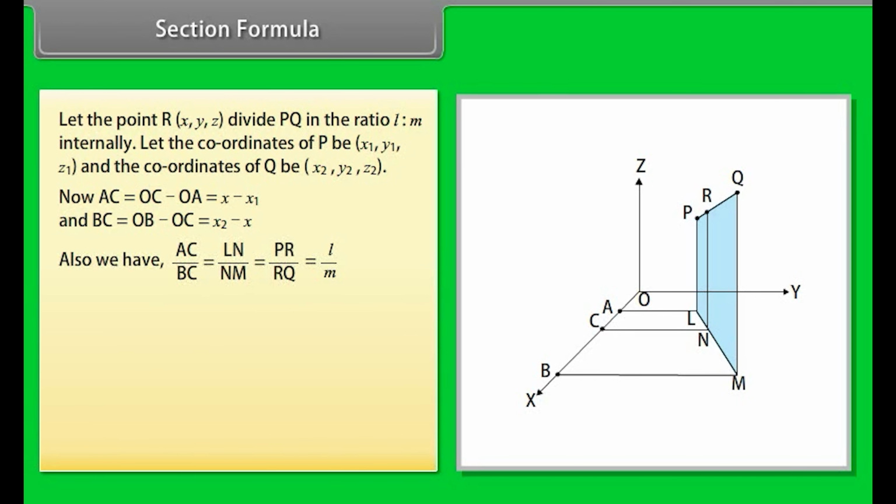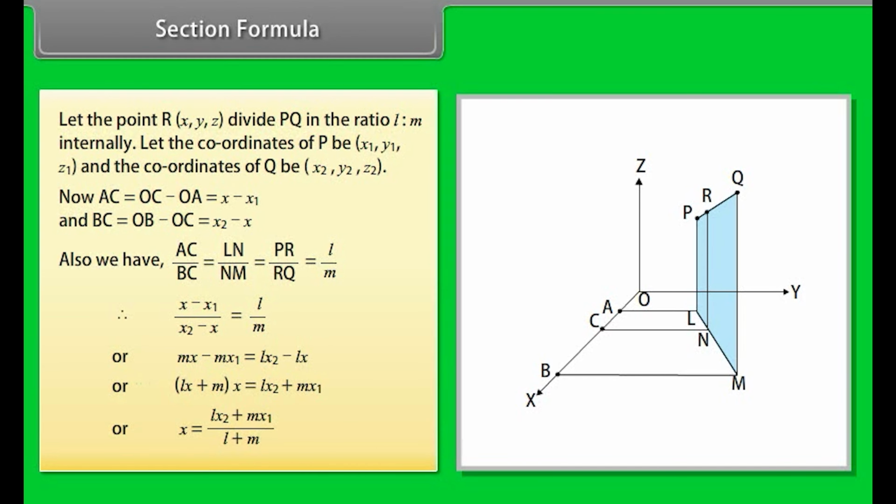Also, we have AC by BC equal to LN by NM, equal to PR by RQ, equal to L by M. Therefore, (x minus x1) by (x2 minus x) is equal to L by M. On solving, we get x is equal to (Lx2 plus Mx1) divided by (L plus M).